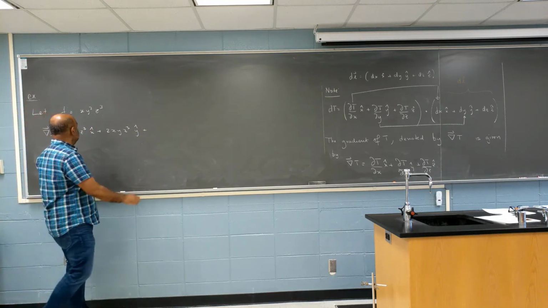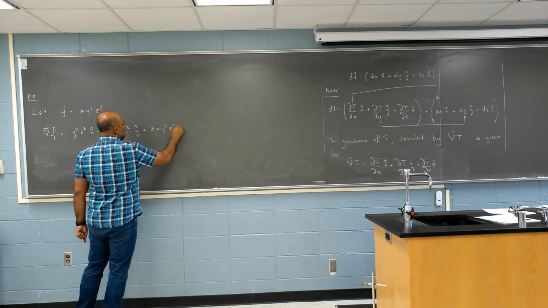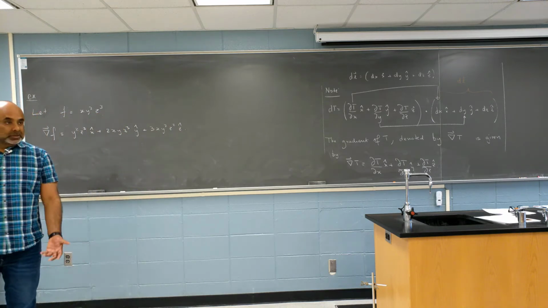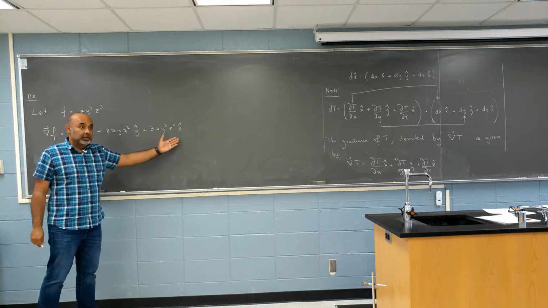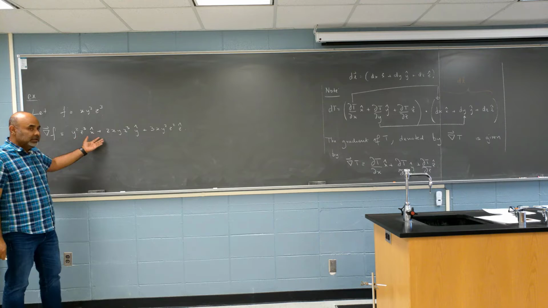Derivative with respect to z, 3xy squared z squared. Simple as that, that's the derivative. So now I have taken a simple function and made it a vector. A vector at every point. The value of this vector depends on the point.